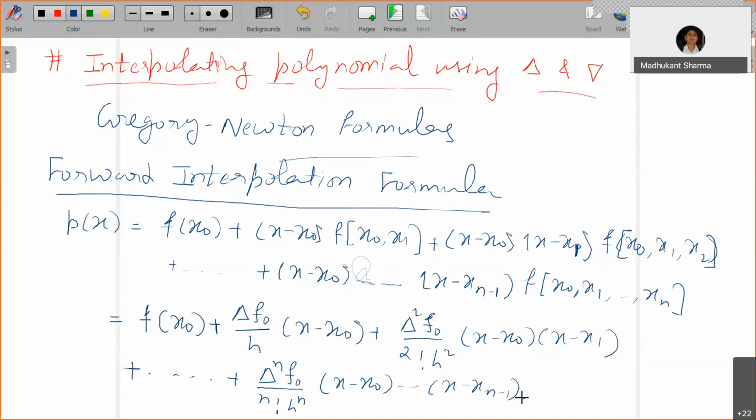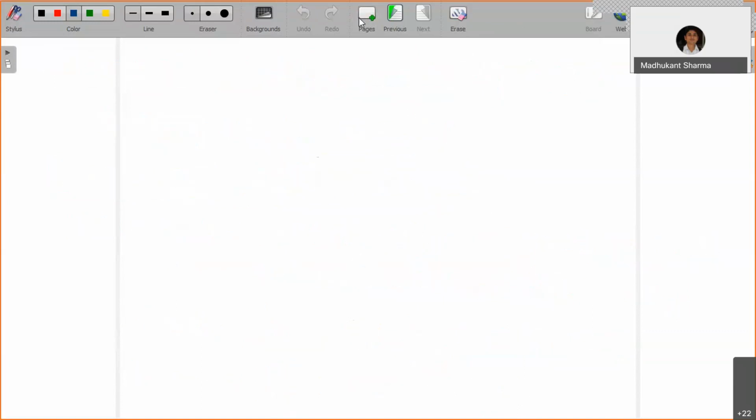So the error will not be changing. The error term will remain the same expression here.